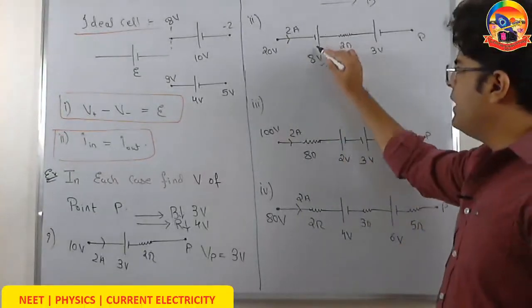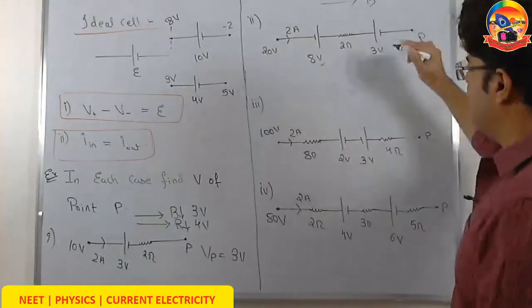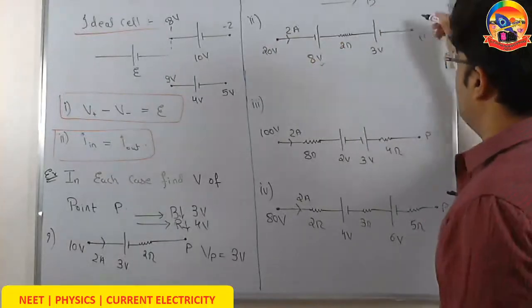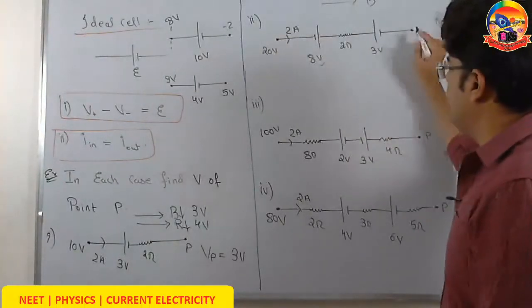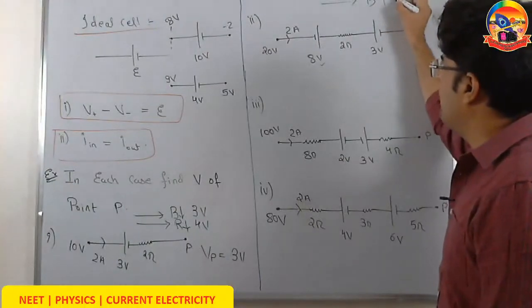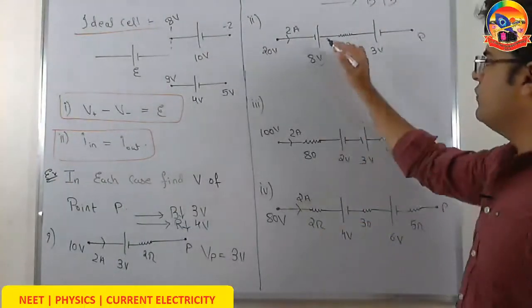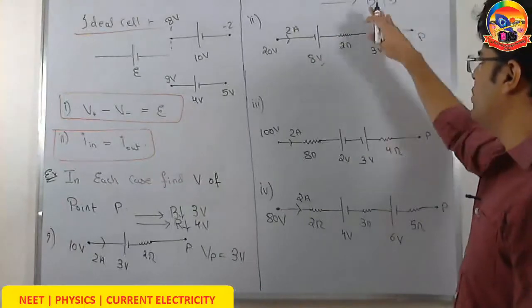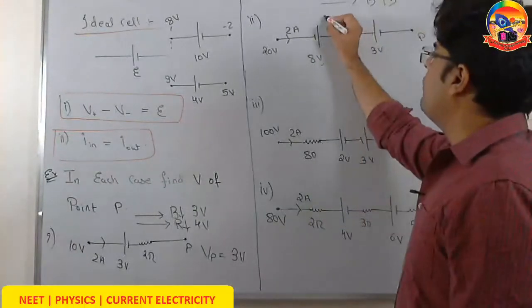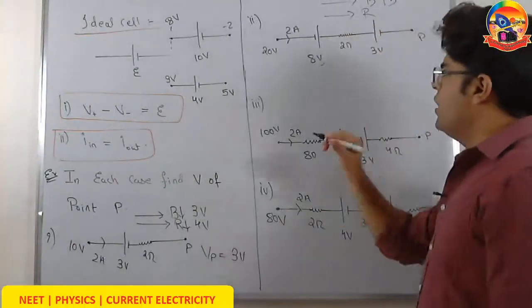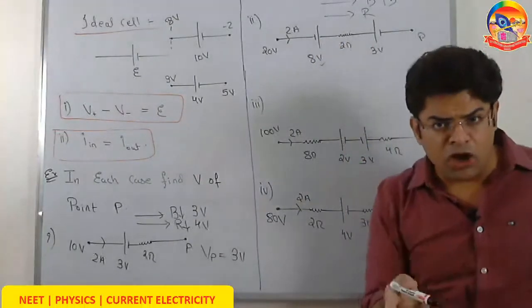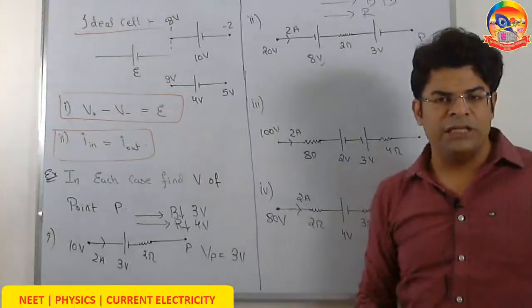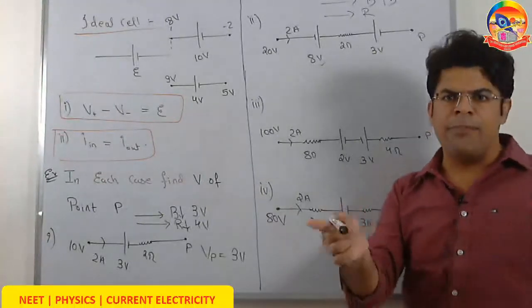So going from left to right, this battery increases the potential by 8 and this battery decreases the potential by 3. So overall, going from left to right, the potential increases by 5 because of the batteries. Going from left to right across the resistor, if we move in the direction of current, the potential decreases because in a resistor, current flows from high potential to low.